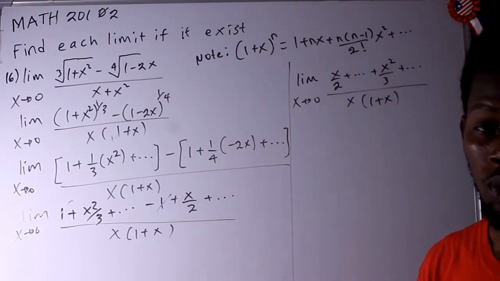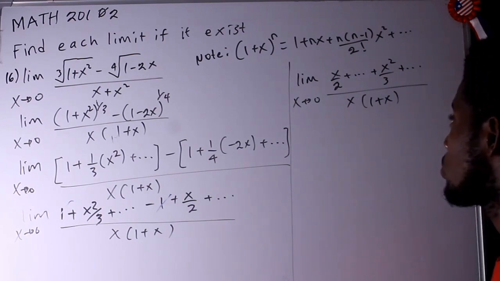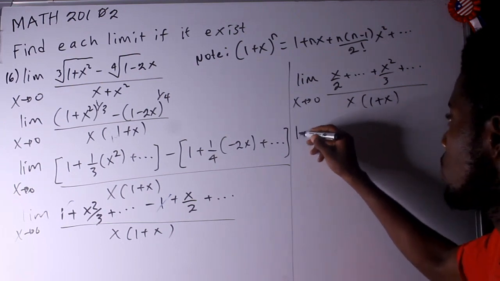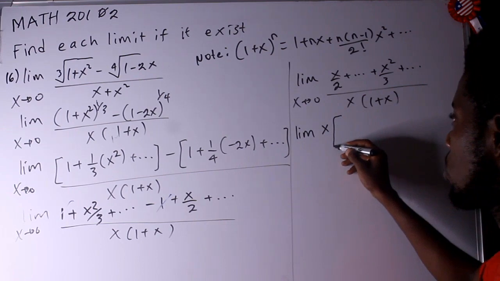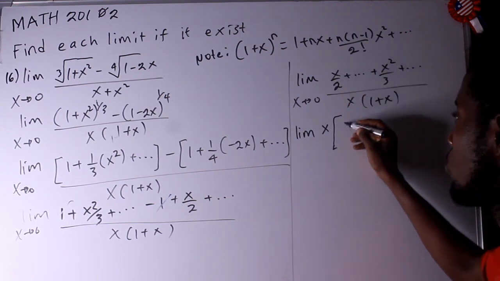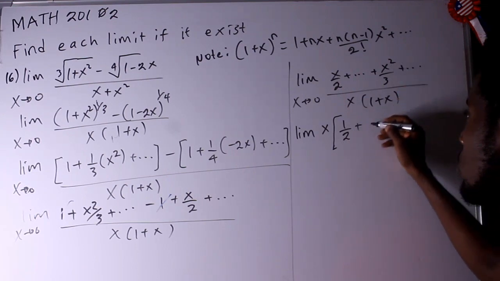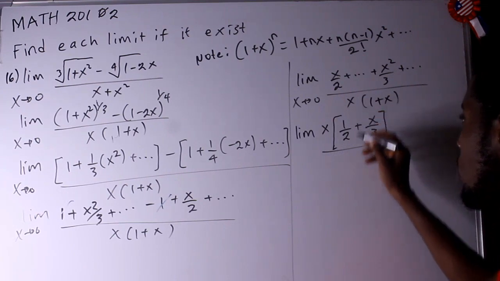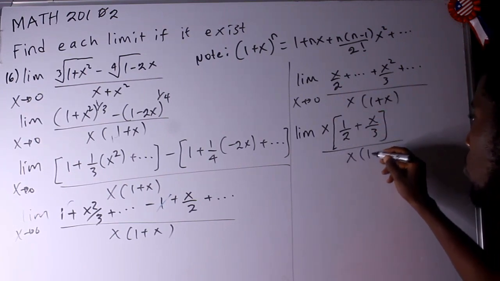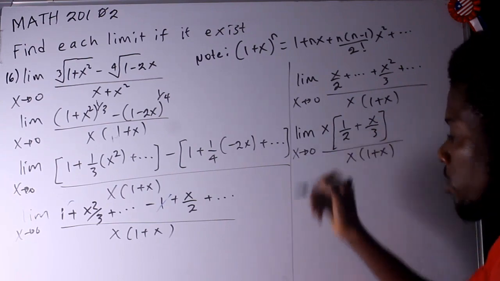Good. Now once we do that, we can factor out an x from the numerator. So we have the limit of x times, this will give you 1 over 2 plus, this will give you x over 3, all divided by x times 1 plus x as x approaches 0.